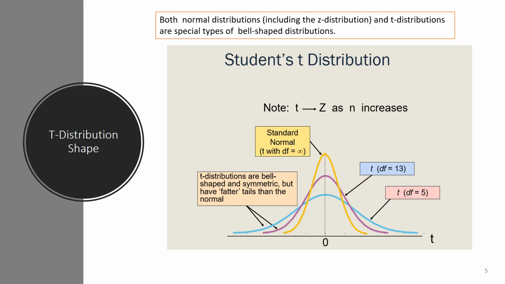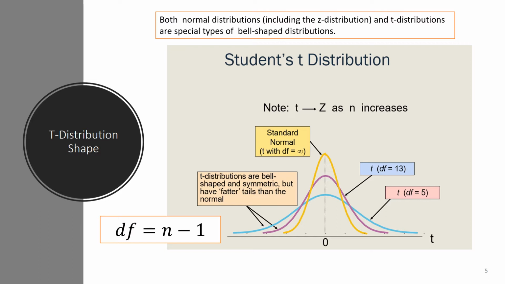A normal distribution has a different shape depending on its mean and its variance, or its standard deviation. The t-distribution also has different shapes depending on the mean and the standard deviation, but it also depends on its degrees of freedom. And the degrees of freedom are calculated by taking the sample size minus 1. The higher the degrees of freedom, the more the t-distribution looks like a z-distribution, or that normal distribution.